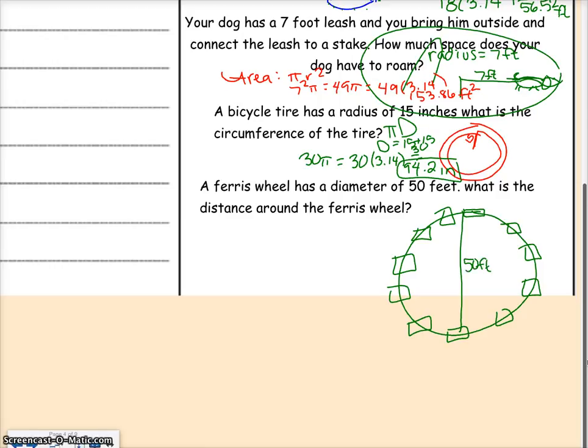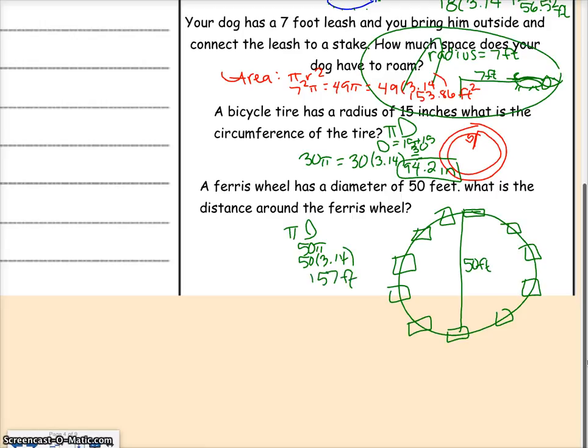What is the distance around? So, what's around mean? Circumference or area? So I'm going to find pi d, which is 50 pi, which is 50 times 3.14 equals 157 feet.